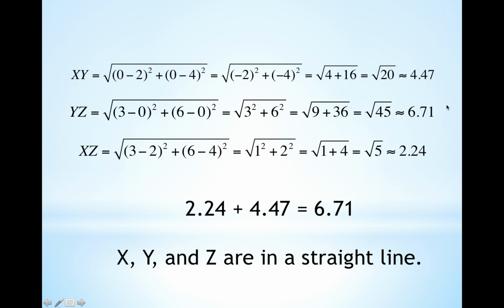So now if I take a look, let's take the two smaller measurements, add them together. It turns out they do equal the third side. So 2.24 plus 4.47 equals 6.71. So I don't have a triangle here. What I have is basically a triangle that's been smashed down into a straight line. So X, Y, and Z are along a straight line, and they are collinear.